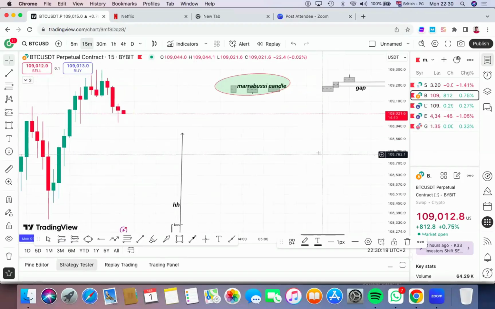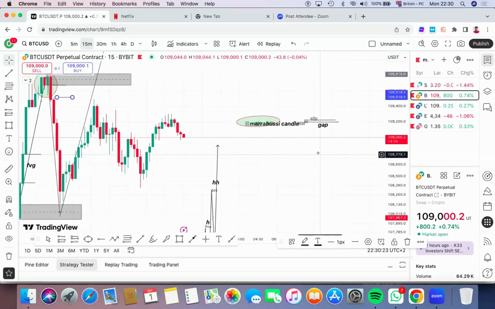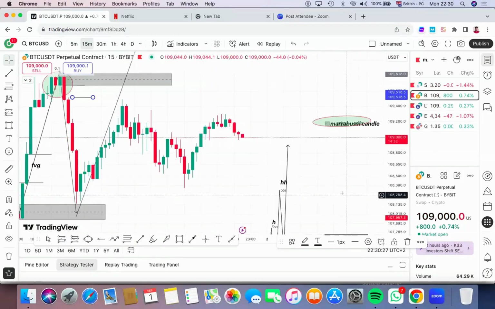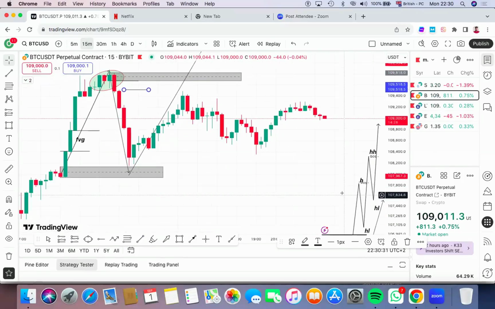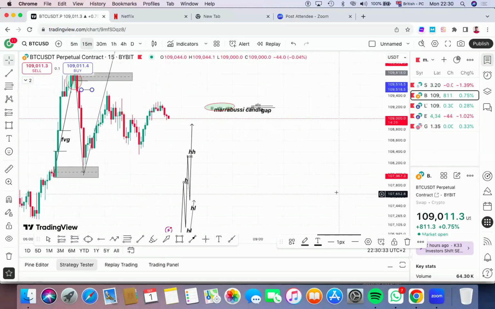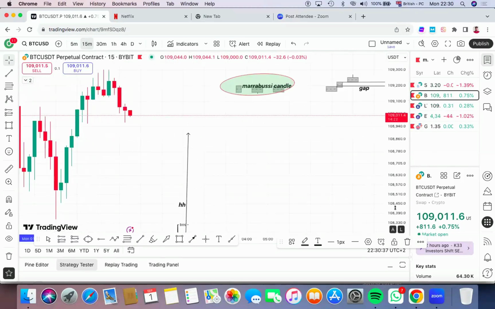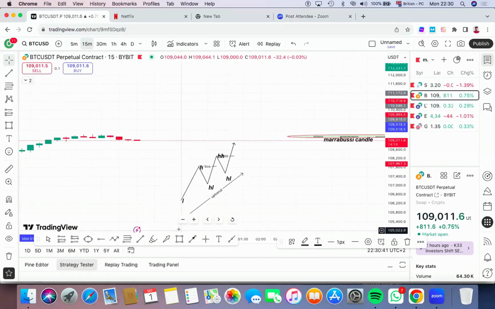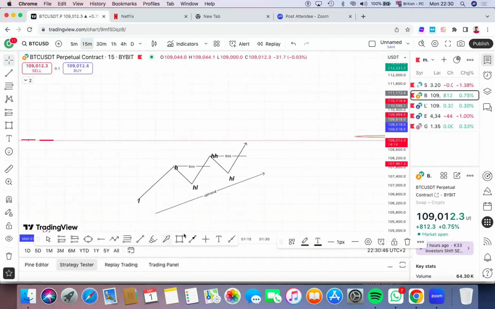So which means from the example I was giving to you, you would have your order block right here before the up move.